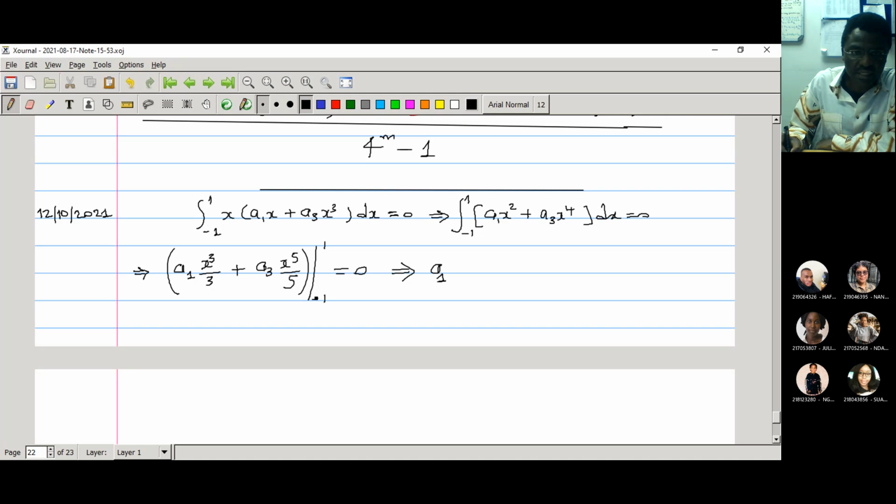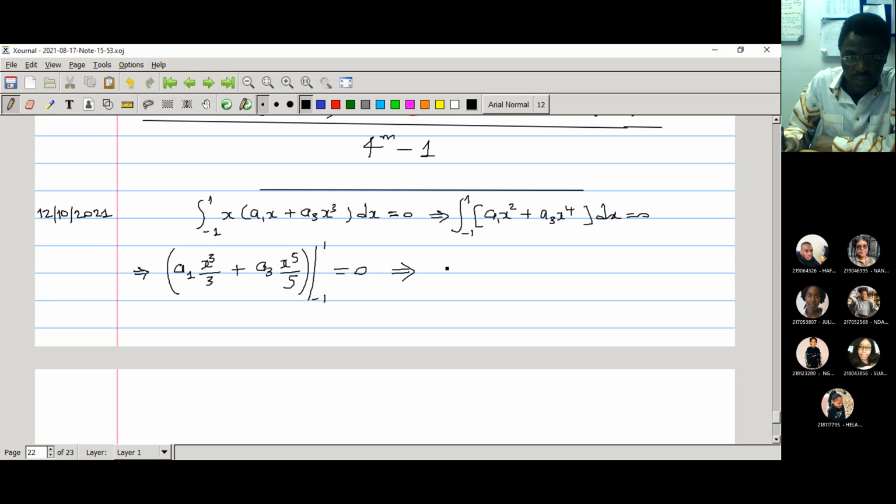So if I take that and this, it will be double of this. This one will give us 2 by 3 times A1, plus, similarly, 2 by 5 times A3 equal to 0.